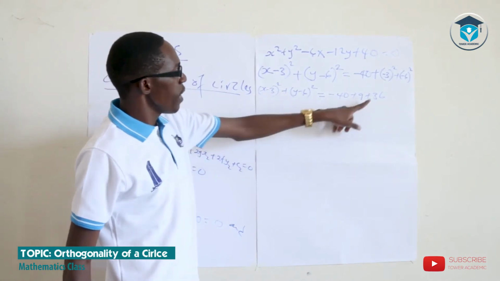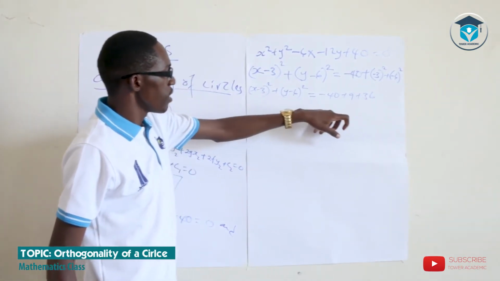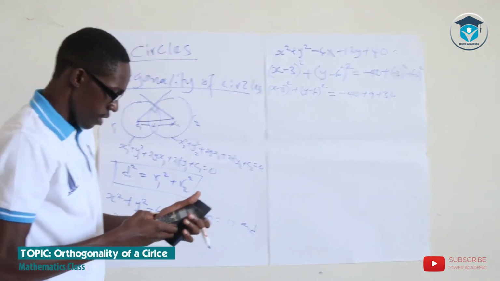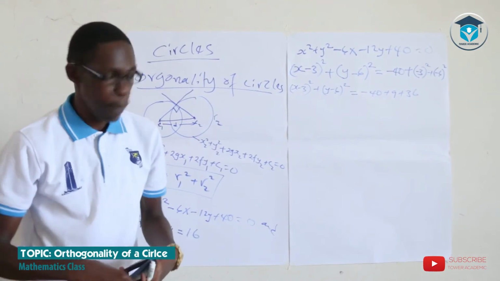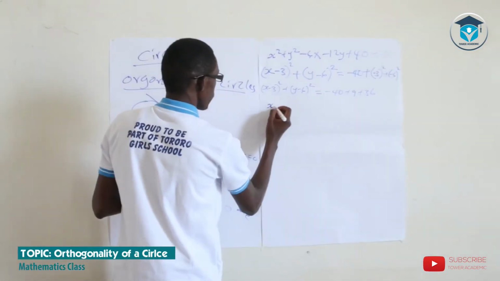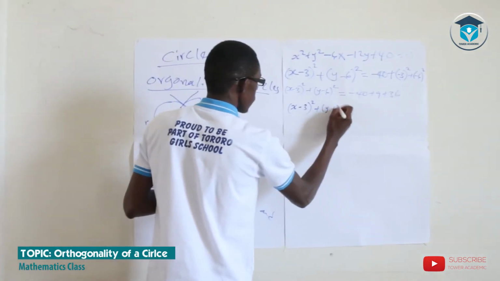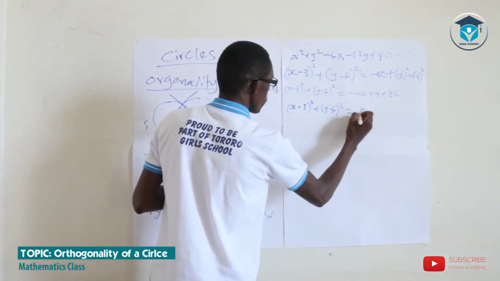So negative 40 plus 9 plus 36 will give us a positive 5. So this gives us (x − 3)² + (y − 6)² = 5.